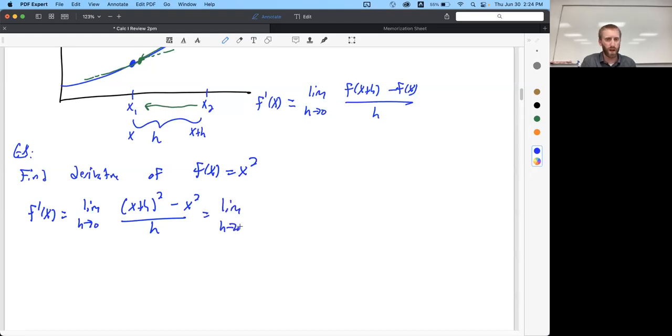So then foiling this out, I get x squared plus 2xh plus h squared minus x squared all over h. And I want the limit as h goes to 0 of this thing.